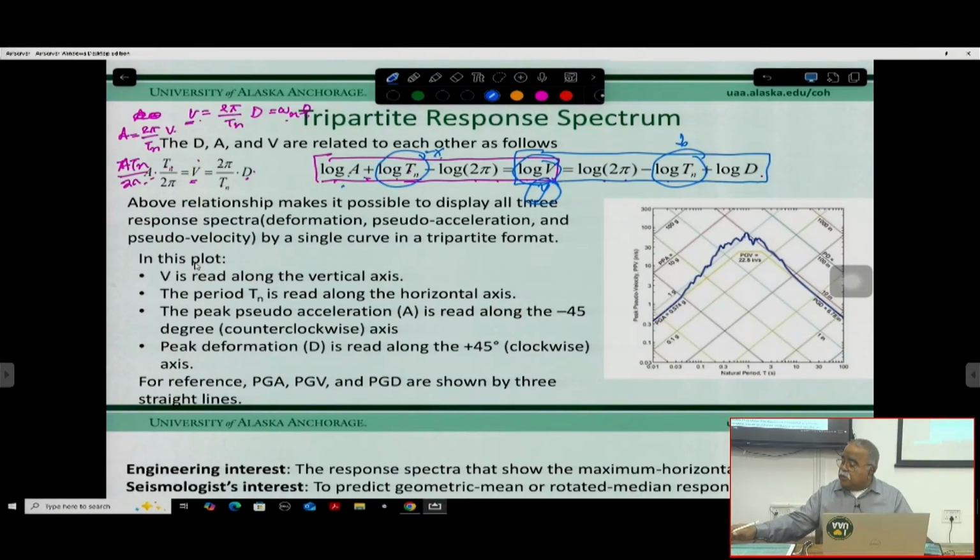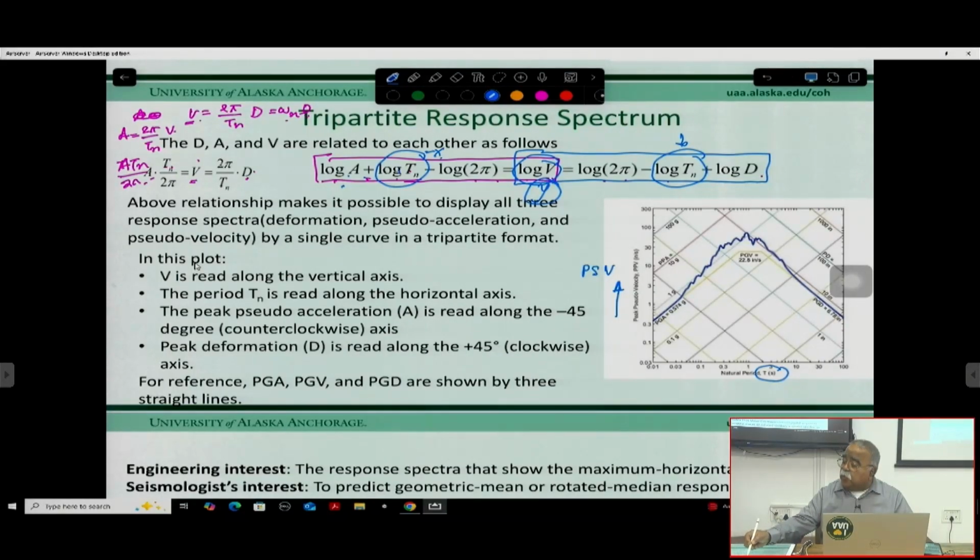If you can see this plot, on this side I plot the Tn, and on this side I plot the V, right? So this is the PSV or the V, whatever you call it. This is the pseudo quantity.